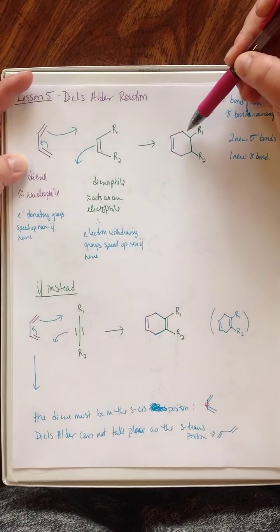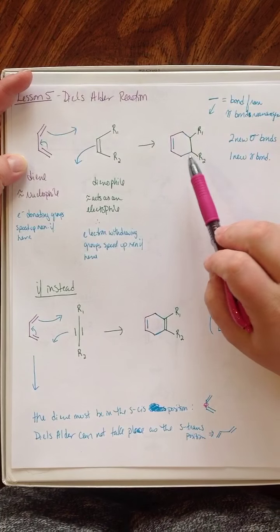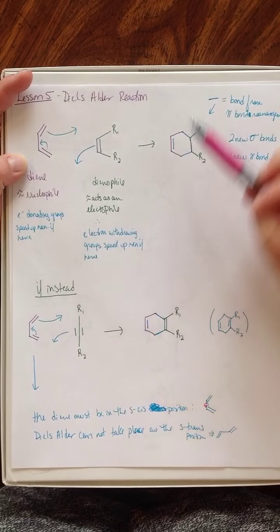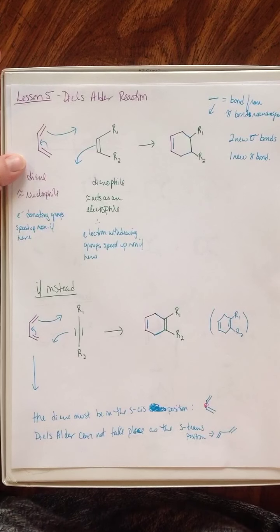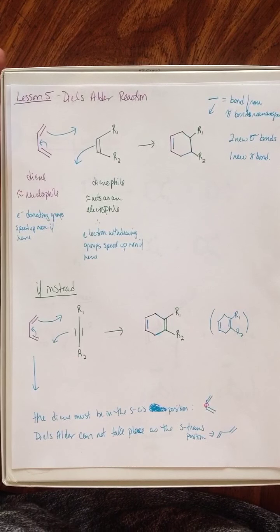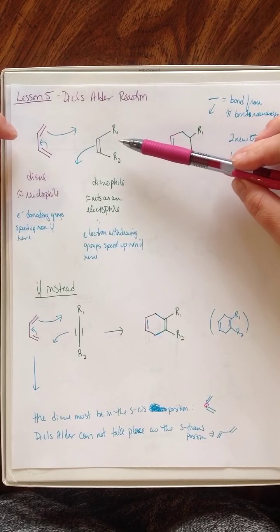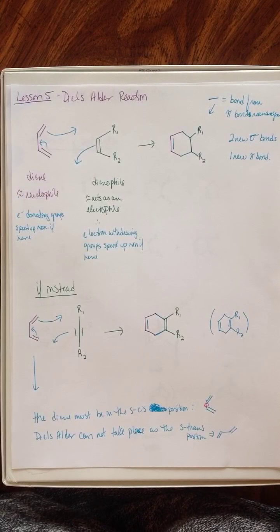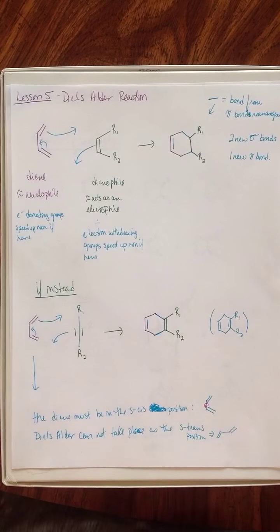So our new couples, our new bonds are here, here, and then the third one is back here because that's our new pi bond. Which means that basically you just connected 2 molecules into one, which is pretty cool. Totally fails entropically, but the enthalpy that's released is actually quite favorable to allow this reaction to happen.